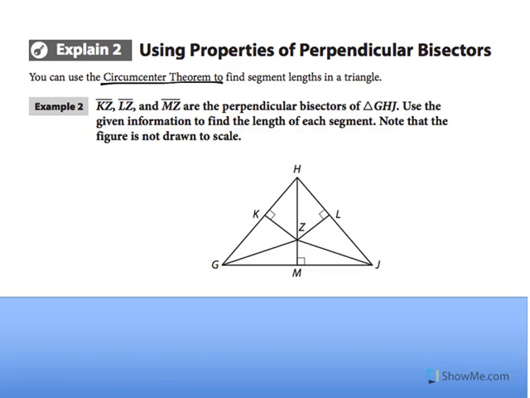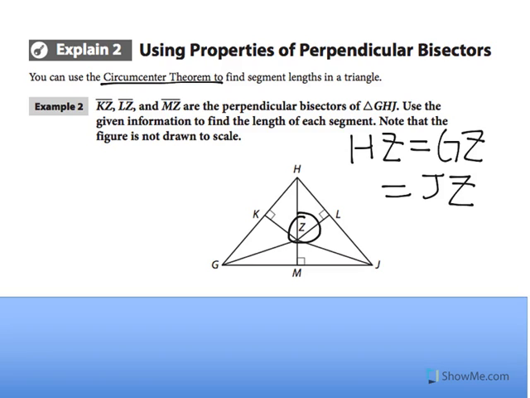So here we know that point Z is your circumcenter. So we can say that segment HZ is equal to GZ and is equal to JZ. And also, since these are perpendicular bisectors, we know that these two are congruent, and these two are congruent, and these two are congruent.